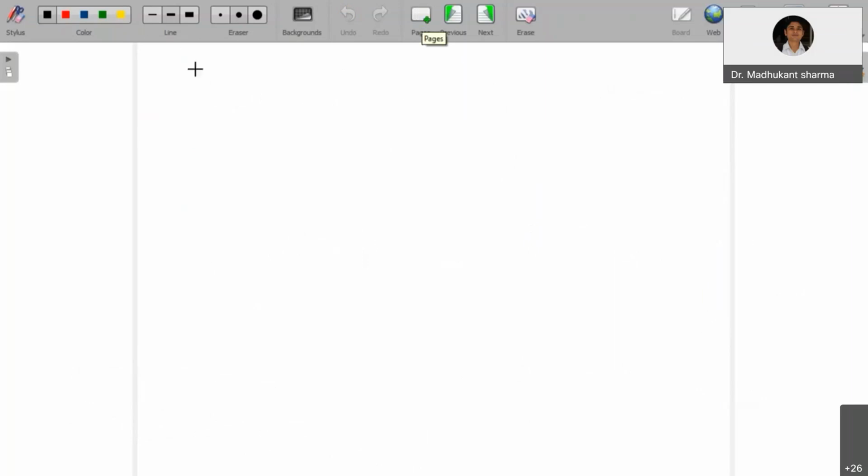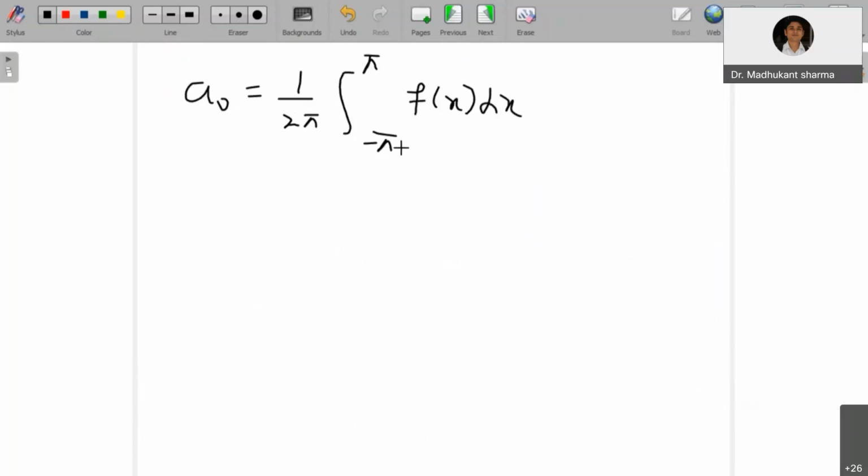Euler, right? So a naught is 1 upon 2 pi integration from minus pi to pi of f of x dx. Right now we are working over the interval minus pi to pi. We may also work on 0 to 2 pi and so on, that we will see later on.